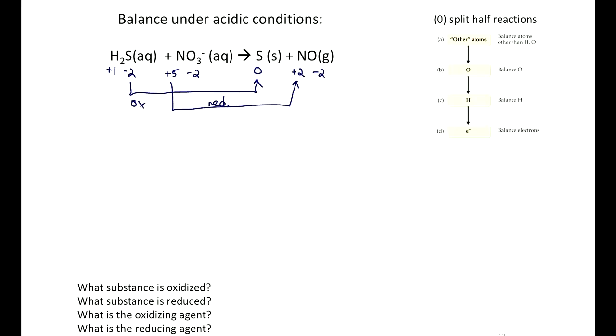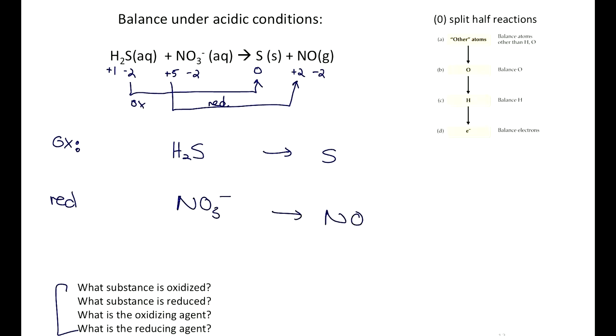So there's our 2 half reactions. What matters here are the 2 half reactions. So my oxidation reaction, again, give yourself a lot of room, is H2S goes to S. The reduction reaction is NO3 minus goes to NO. All right, let's do the oxidation first.